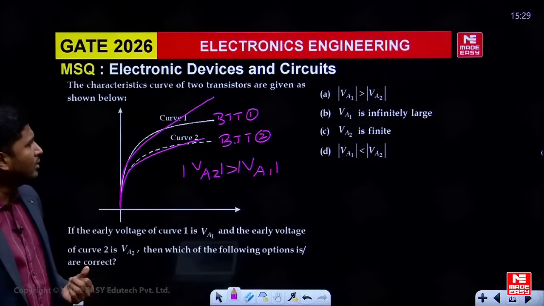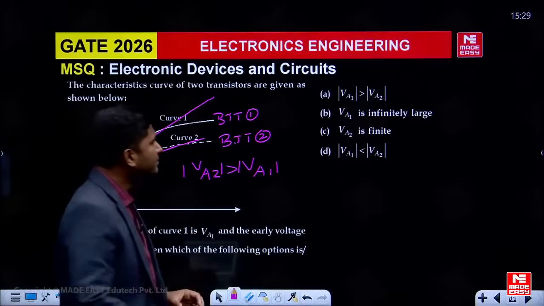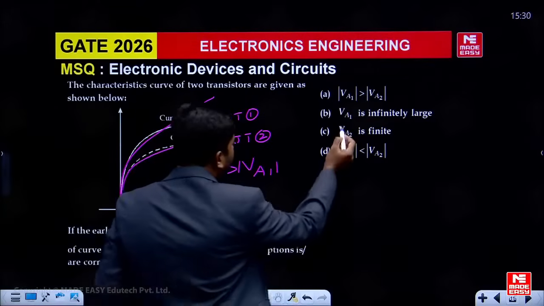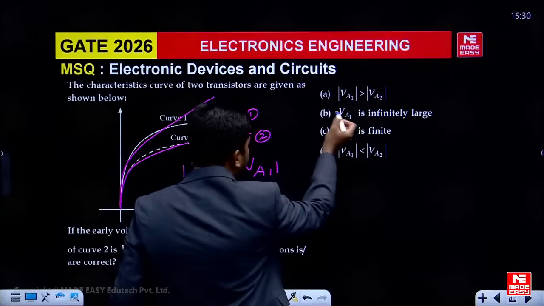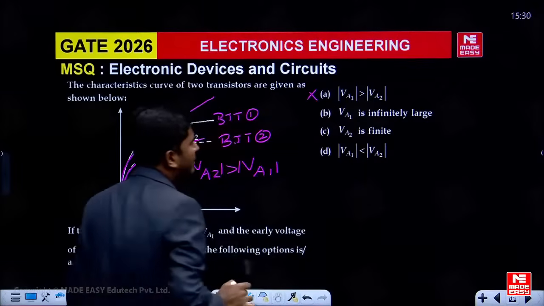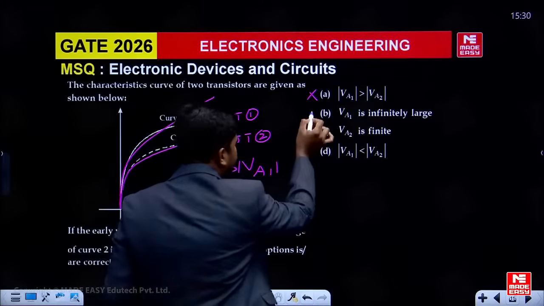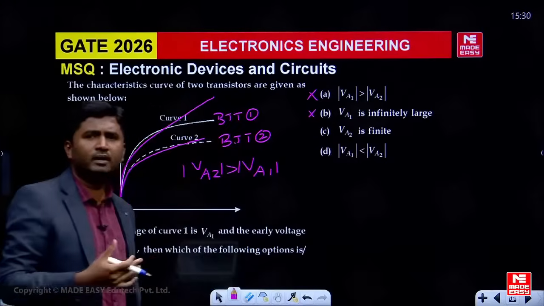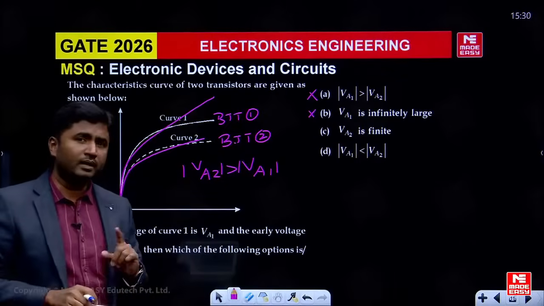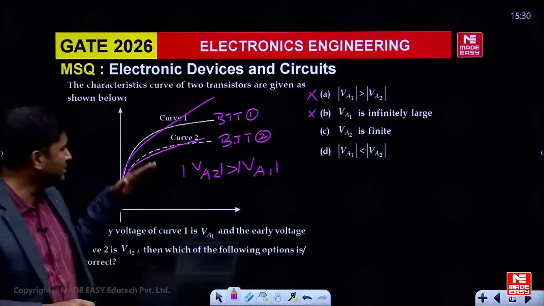Let us now look at the statements. Statement 1 will be wrong because VA1 is actually less than VA2. VA1 infinitely large is also wrong. For both BJTs, the early voltage will be finite. Early voltage becomes infinite when the slope is 0.